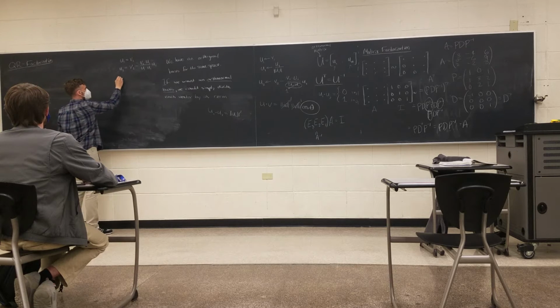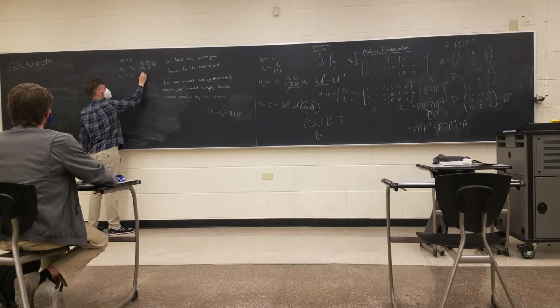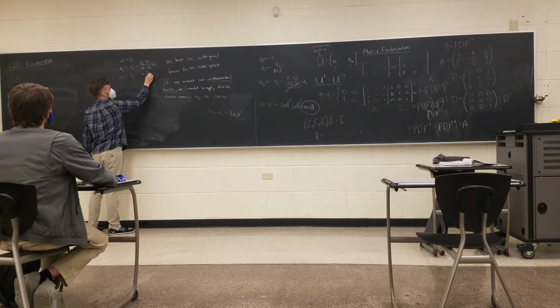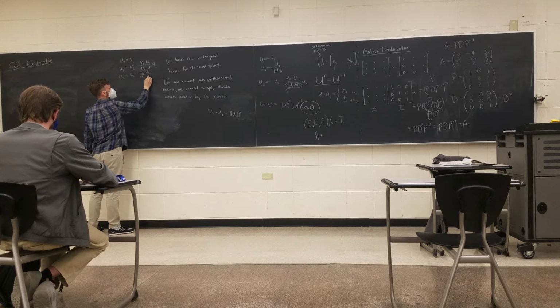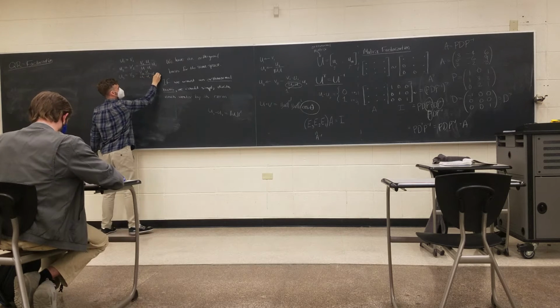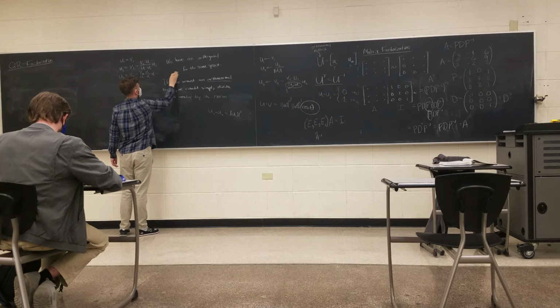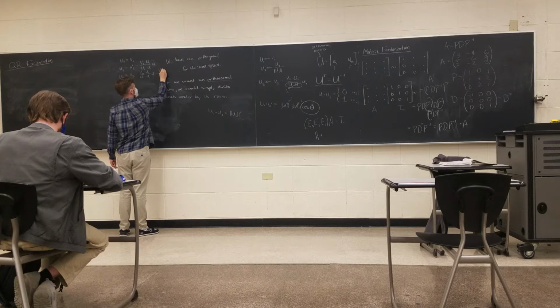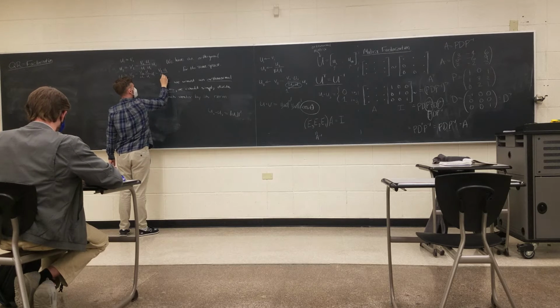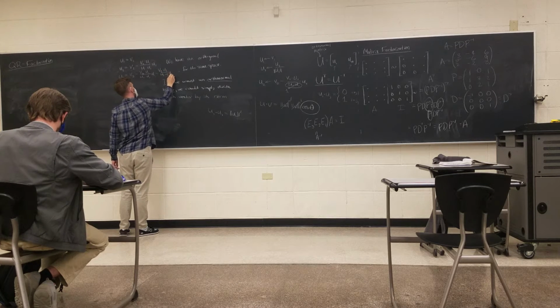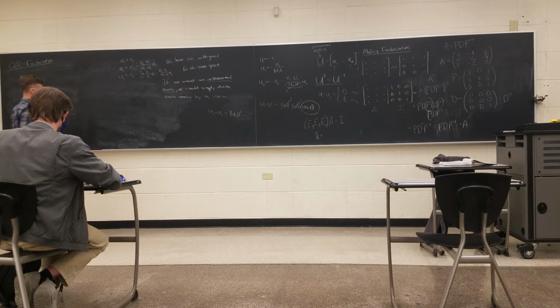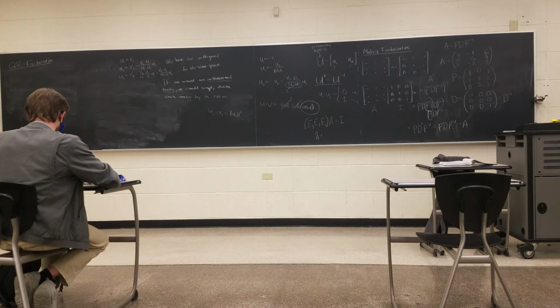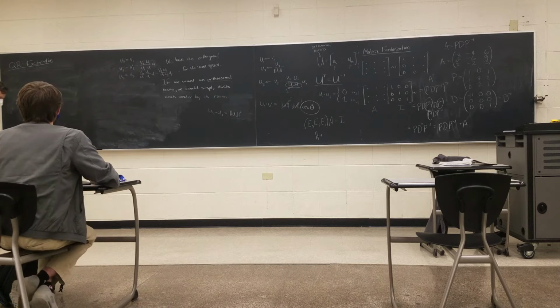And then U3, I want another example: V3 minus its projections in the U1 and U2 directions. And this continues on for the rest of them.